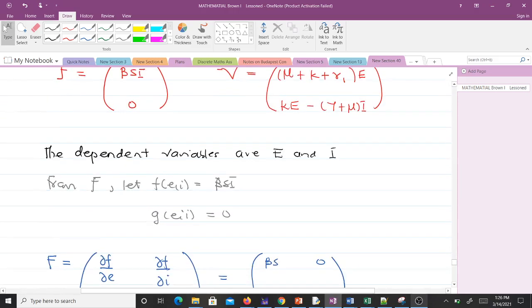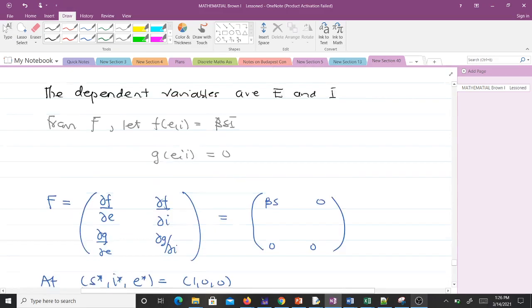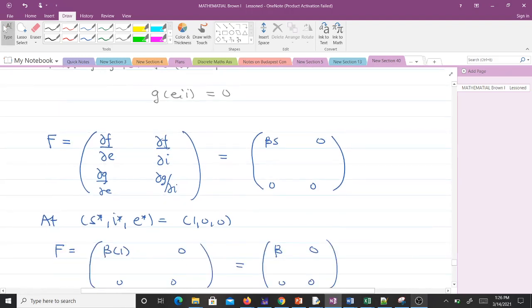So in our Greek F, we let small f of E, I correspond to this and g of E, I correspond to that. Okay, so that means that our F matrix or our Jacobian matrix for F will be del f del E, del f del I, del g del E, del g del I.